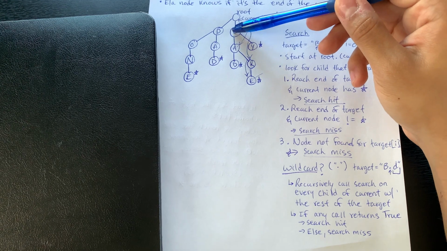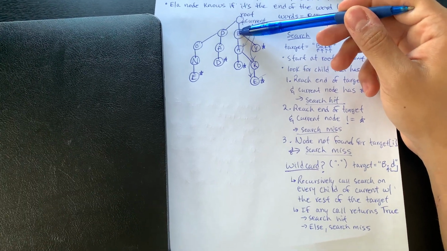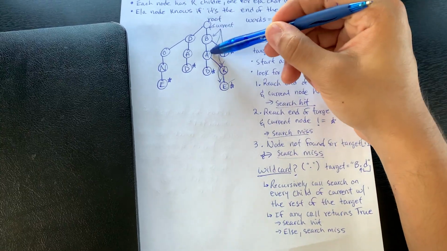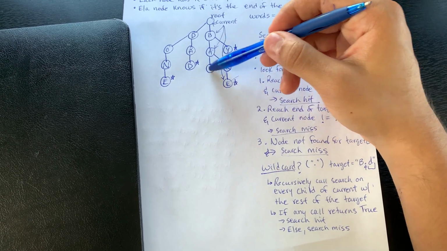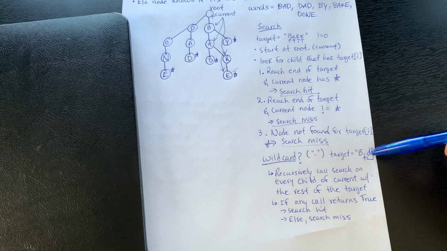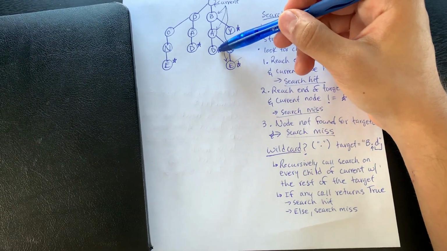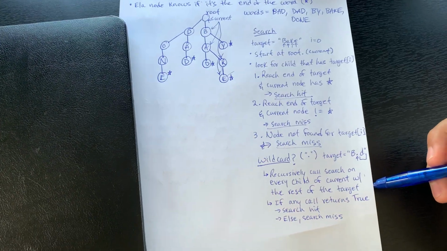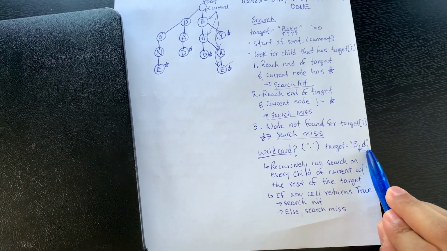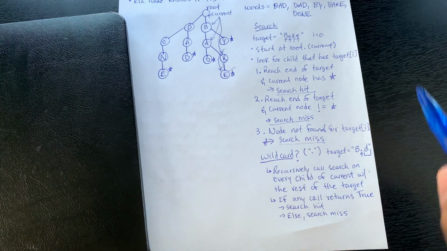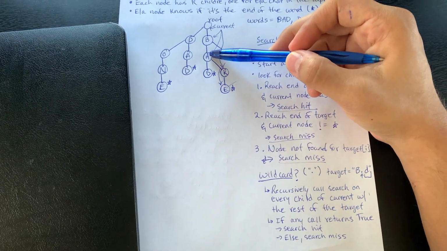So we'll go back, then search will be called on the next child of B, which is A. And from A, we'll look for a child that has the letter D. So we'll traverse to this node. And now that we've hit the end of the string and our current node has a star, we can return true. Recursively call the search function with the rest of the string after the dot character on every child of the current node.